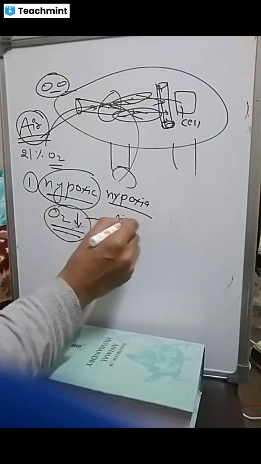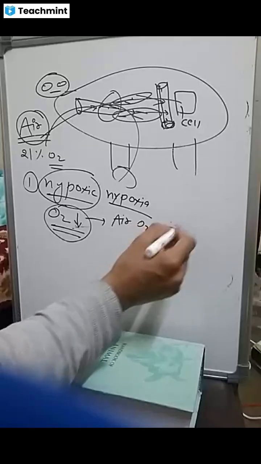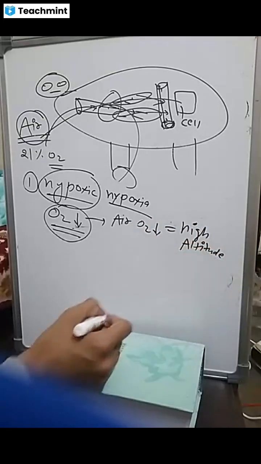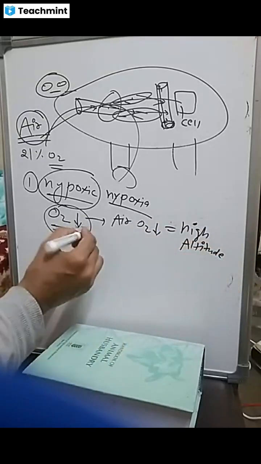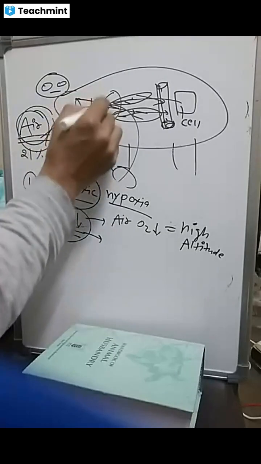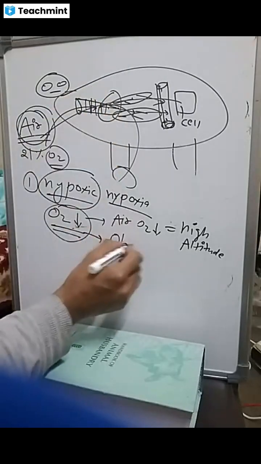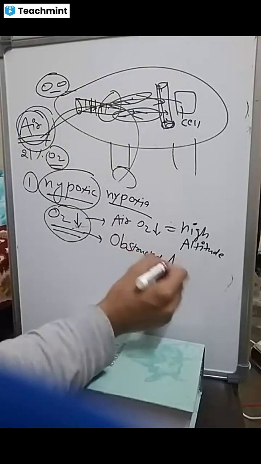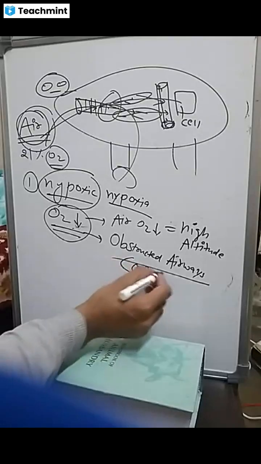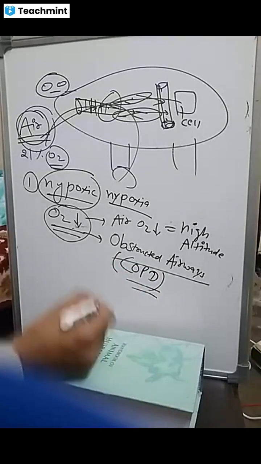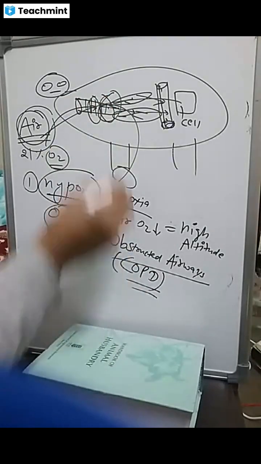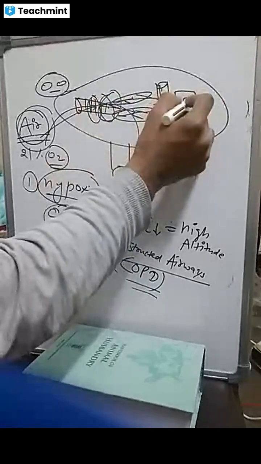The reason is the air is having less oxygen, that mainly occurs at high altitude. The second reason is the air is having full oxygen, but the airways are obstructed. Example, COPD, obstructive diseases. So because of these reasons, oxygen is not reaching up to the level of cells.